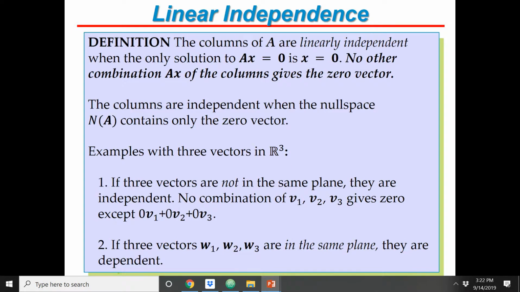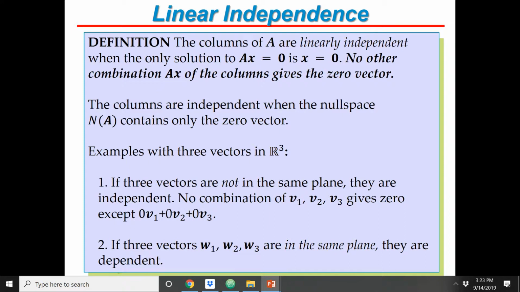You make them columns of a matrix A, and if you know how to compute the solution to the null space problem in an efficient manner, for example through elimination, then you can immediately see if a number of vectors are independent. Actually, this is the preferable way that I would like everybody to check independence. When I ask you to check if vectors are independent, put them as columns of a matrix, evaluate the null space, and make your decision by looking at whether the null space has non-zero solutions.